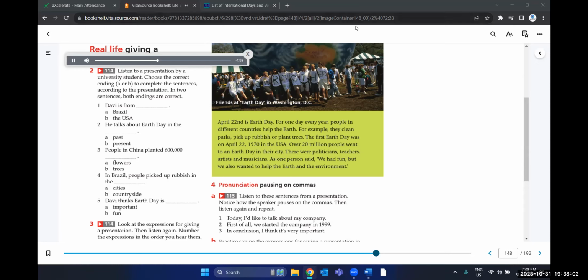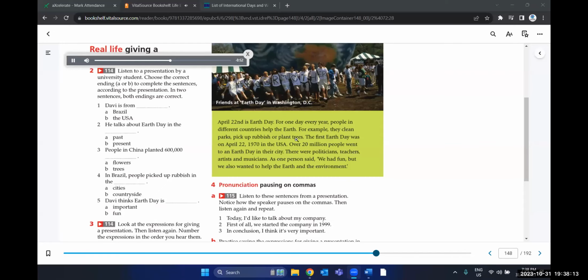It has become famous all over the world. Nowadays, more than 175 countries have an Earth Day. Lots of people do different things. Last year, people in China planted 600,000 new trees.